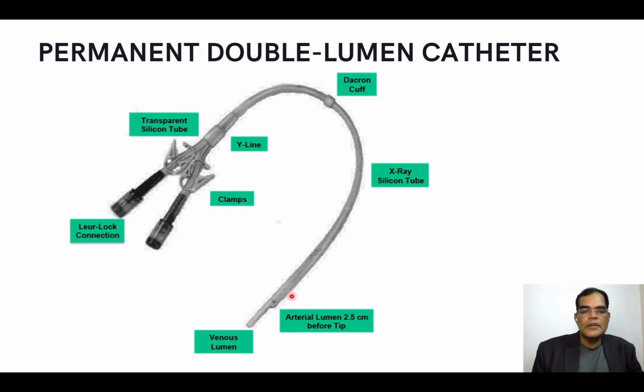If you see the tip of the catheter, this is very, very important, because we should have a fair understanding of the tip of the catheter, how it is placed. So the arterial lumen will be almost towards the end of the catheter, about 2 to 3 centimeters before the tip of the catheter. There will be pores over here.